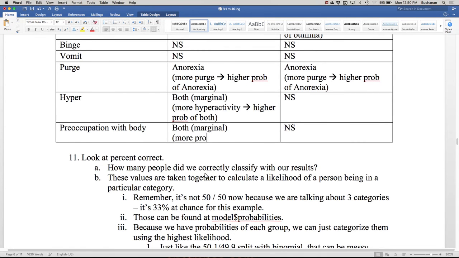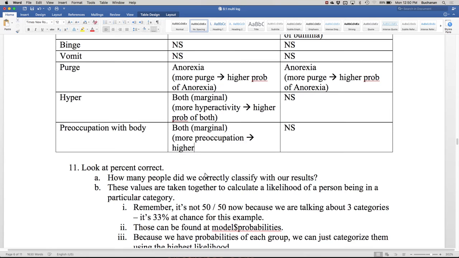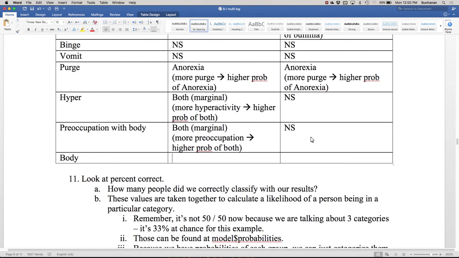So more preoccupation equals higher probability of both. And it's actually body that is non-significant. That should match. So I just interpreted them as well in the table. So more purging is a higher probability of anorexia.